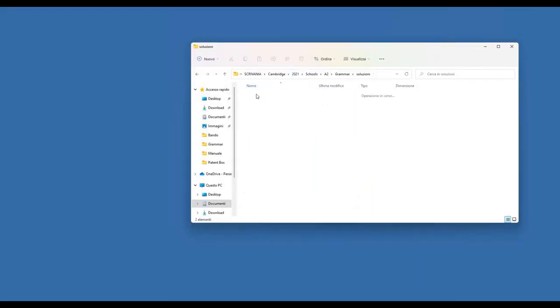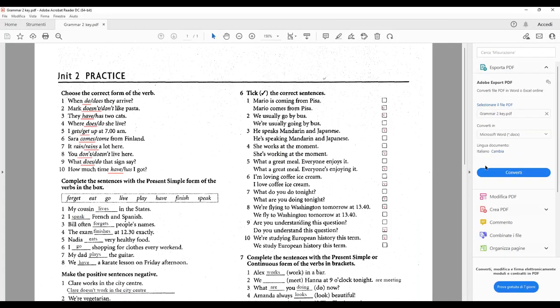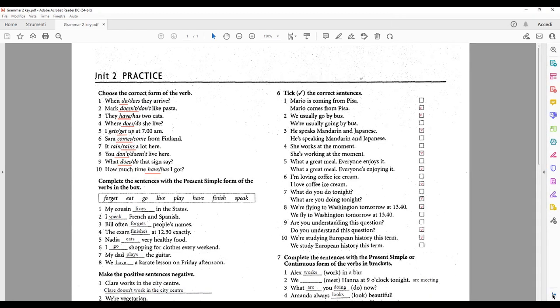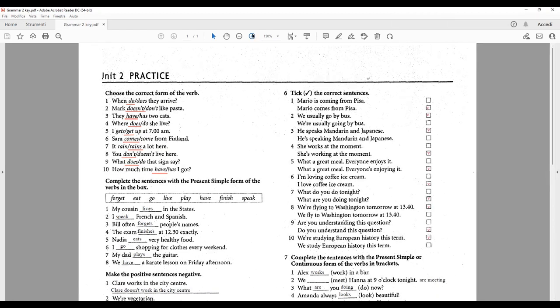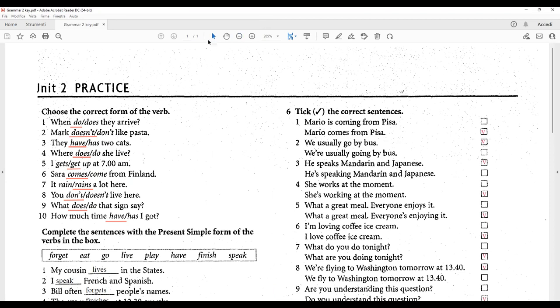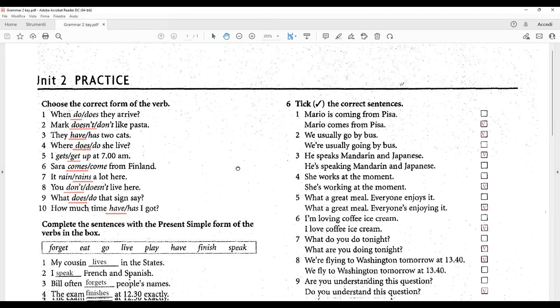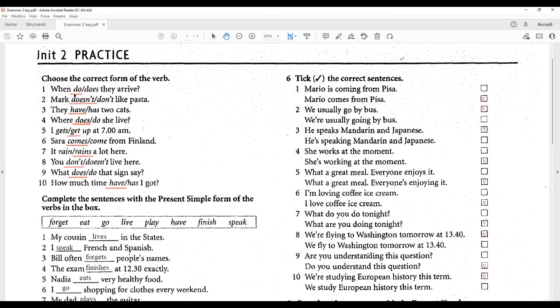So under the solutions, the key, if we look at grammar 2 key, you can find the same exercises with the answers that I provided for you. When, do, they. Remember, so do, does, anticipate a question, right? When, quando, do they arrive? Quando arrivano? When do they arrive?